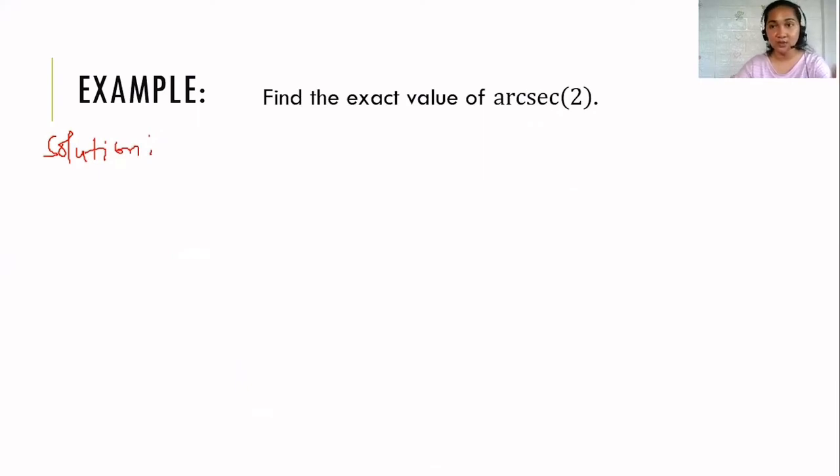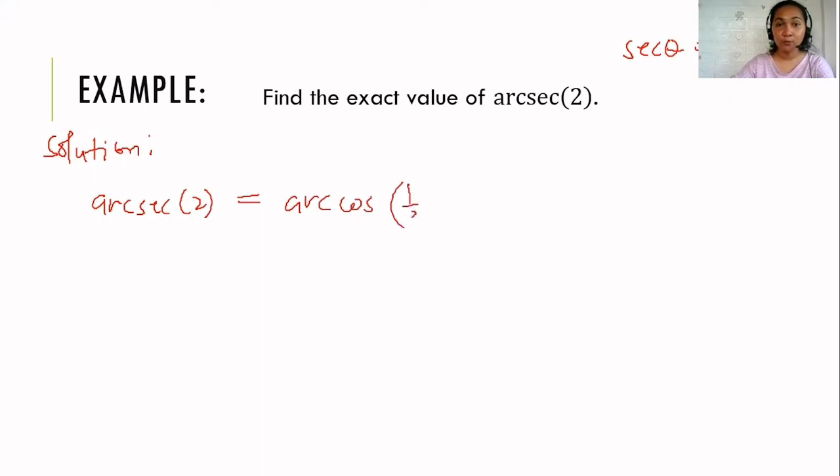But in this case, we're looking at the value so that we find the angle. Recall that secant theta is equal to 1 over cosine theta. That means for arcsecant 2, this means arccosine of 1/2. This is the value.